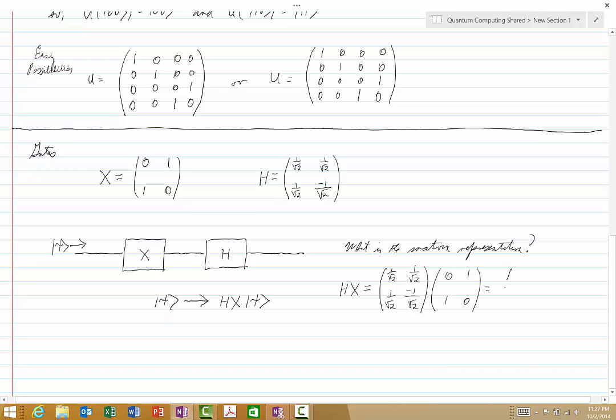And so the answer to this problem would be 1 over square root of 2 when we multiply here, and then another 1 over square root of 2, and then minus 1 over square root of 2, and 1 over square root of 2.